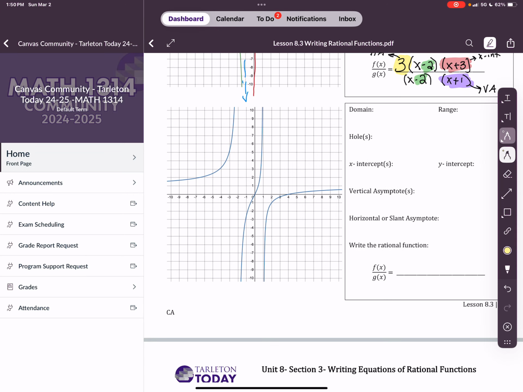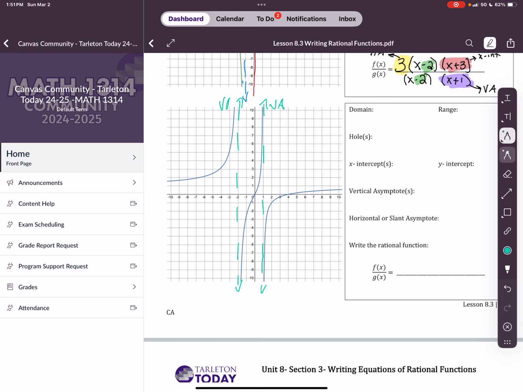Let's go ahead and label what we know here. We have a vertical asymptote here at -2, and another one here at +1.